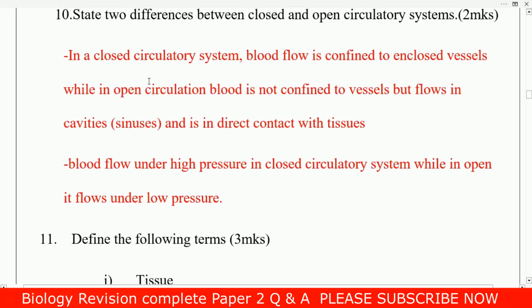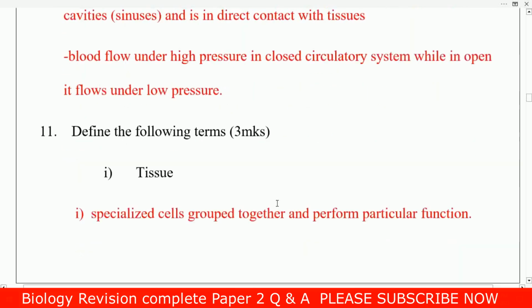So in a closed circulatory system, blood flows in confined or enclosed vessels, while in open circulatory system, blood is not confined to vessels but flows in cavities and is in direct contact with tissues. Then blood flows under high pressure in a closed circulatory system, while in open it flows under low pressure.